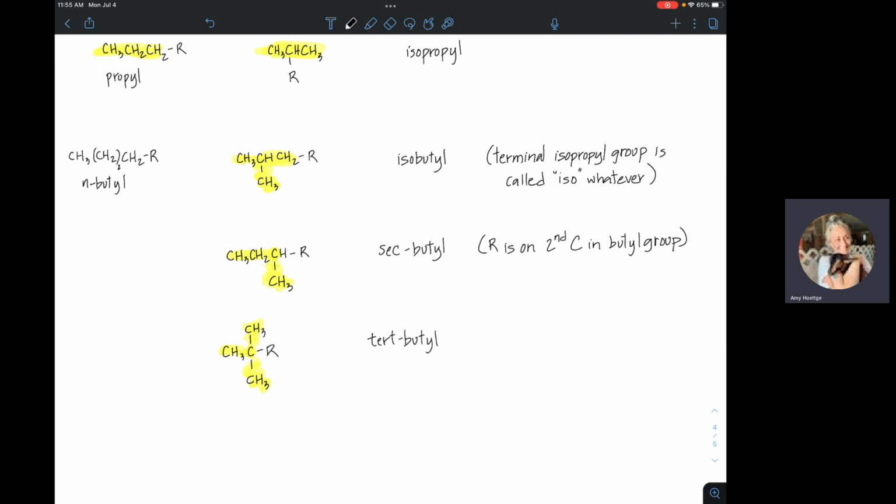So sometimes you might see these things abbreviated like T-butyl or S-butyl for this one. Sometimes we get really lazy and you might see something like this, a little superscript and then BU.